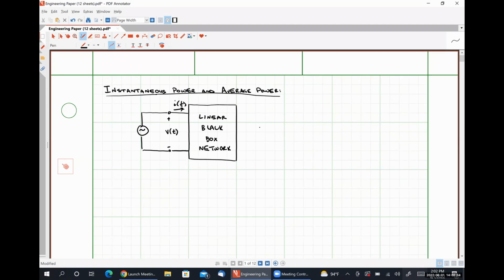If our voltage V of t is of the form Vm cosine omega t plus some phase angle theta v, and our current I of t is of the form Im cosine omega t plus theta I, then the instantaneous power as a function of time absorbed by our linear black box network is simply the product of our voltage and current, V of t multiplied by I of t.